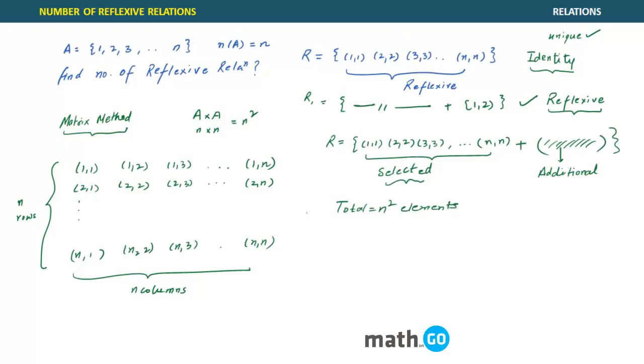And if we talk about the diagonal elements, can you tell me what the diagonal elements are here? These will be the diagonal elements: 1 1, 2 2, 3 3, 4 4, 5 5, 6 6, and then n n.